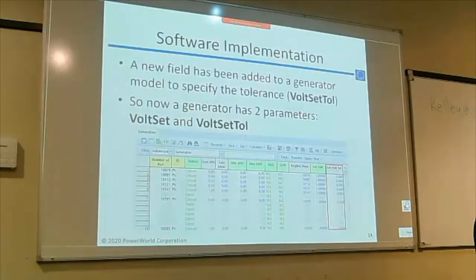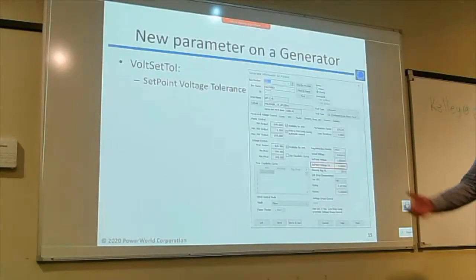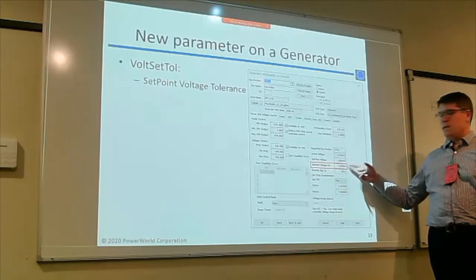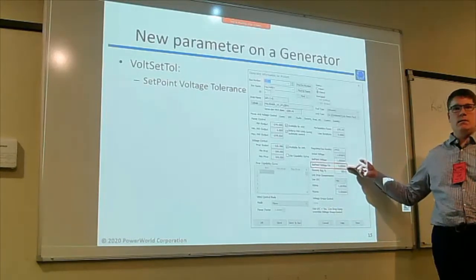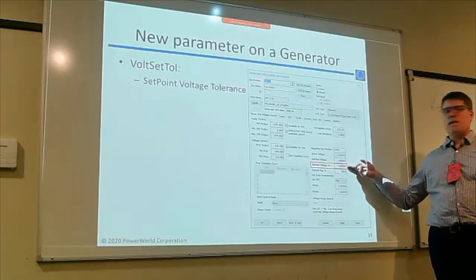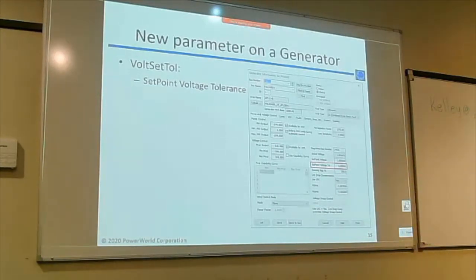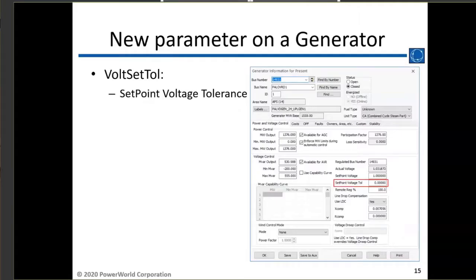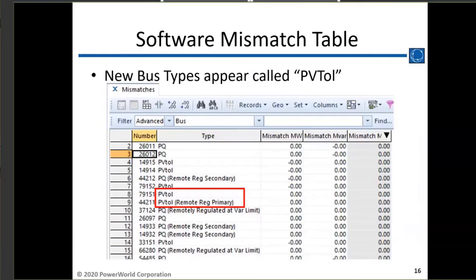So it does make the Jacobian a lot more complicated, but it actually is nice because if I have two generators near each other, one operating at max and one at min, and I give this little tolerance, they're just going to figure out where to go so they're not both stuck at limits. In the software, all that's added for this is just one extra parameter on the generator. If it's 0, or actually I think anything smaller than 10 to the minus 3, we just go, that's a set point, we'll ignore that.